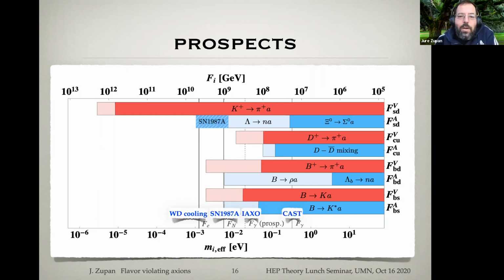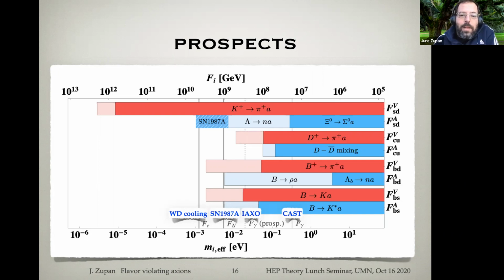And what's really plotted is capital F_i. If you want the conversion to the small f_a, you just set everything to 1, to 2, in our notation. Then this F_i is the axion decay constant.